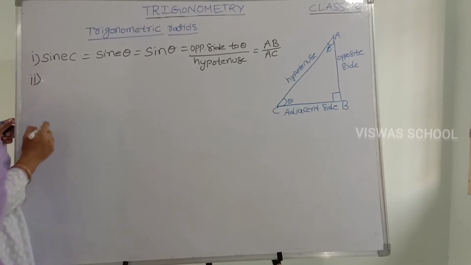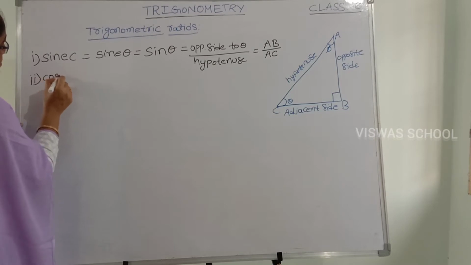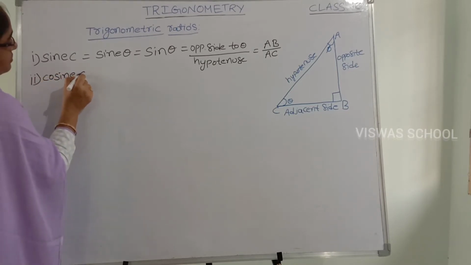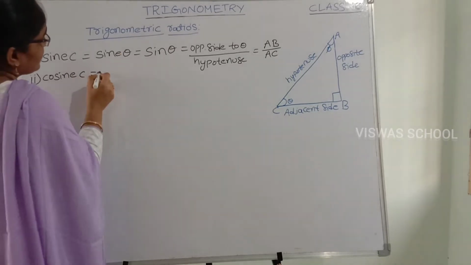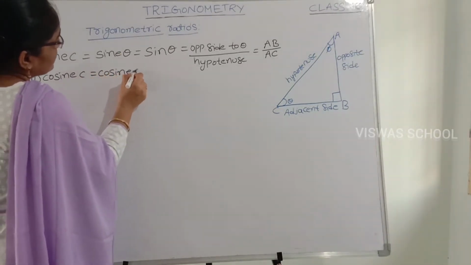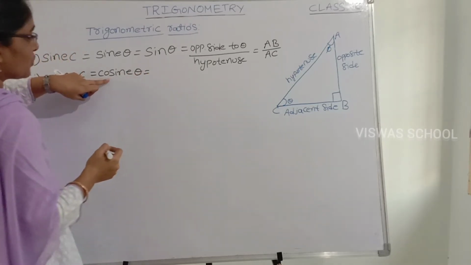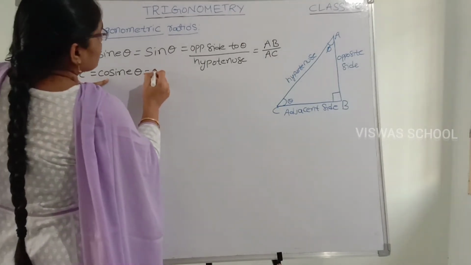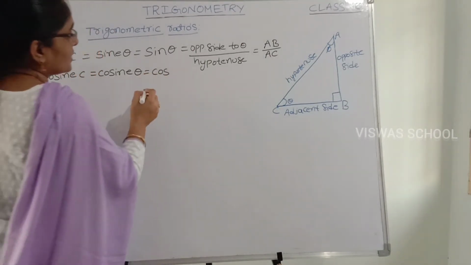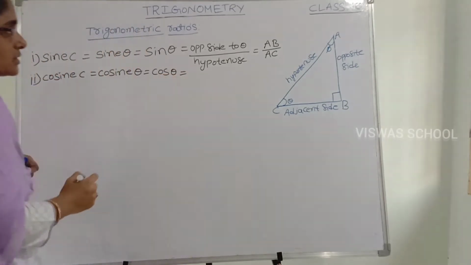Next, the second one is cosine. Cosine C, that is, in C place the angle is theta. The short form of cosine is cos, so cos theta. Now it is equal to what here?